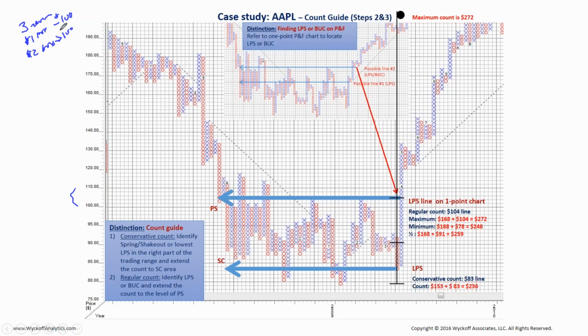So Bruce, here is this LPS, last point of support, and I guess we would be doing the same thing on the point and figure chart, projecting the same count line to the climactic action.